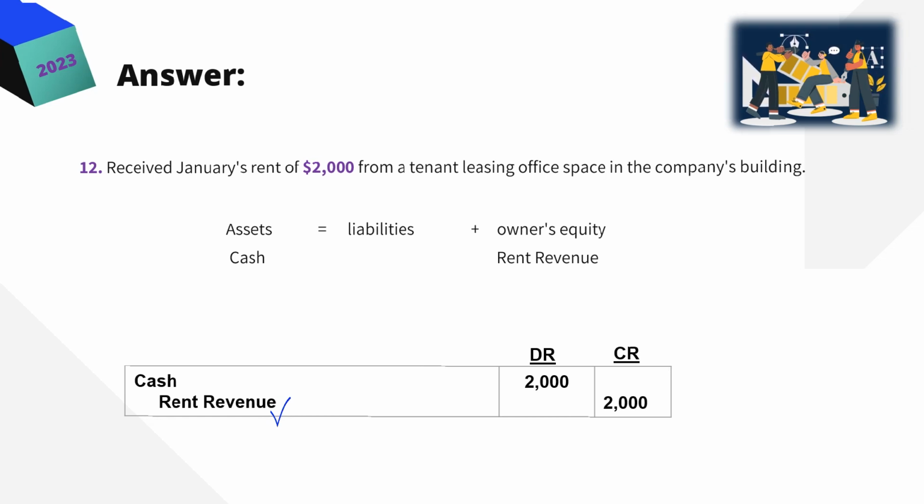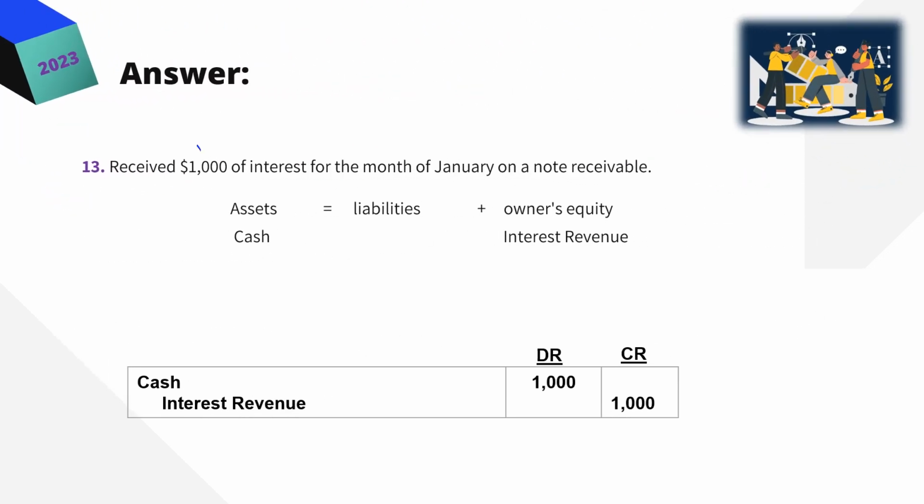The next transaction is the receipt of $1,000 of interest for the month of January on a note receivable. Let's see if we understand this. If we have a note receivable, that means that somebody owes us and is going to pay us an amount in the future.